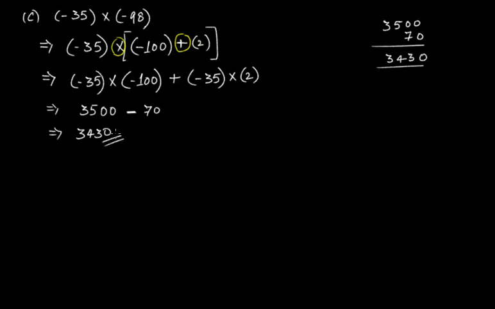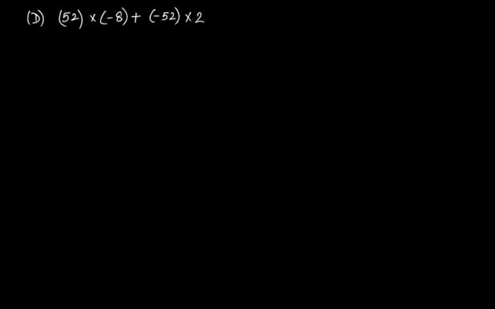So this is the answer for this one. Again, what we did, we made minus 98 as minus 100 plus 2, then we used the distributive property of multiplication over addition, and following these steps we got the answer 3430.